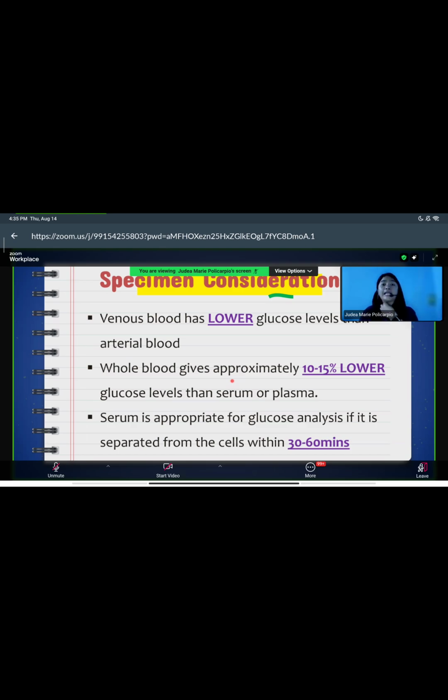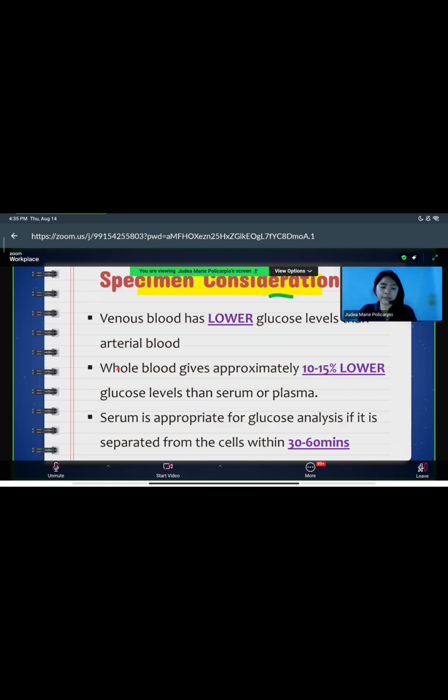Kaya naman, despite the idea that we have the glucometers already, sometimes the doctor will still push the request of an FBS, okay. Kasi mas may tiwala siya sa mga medtechs compared sa mga mismong pasyente. Pero again, recall question ha, never ever compare the results of the glucometer with the results of the laboratory. Kasi iba ang nagiging glucose level sa whole blood compared to the serum or the plasma.